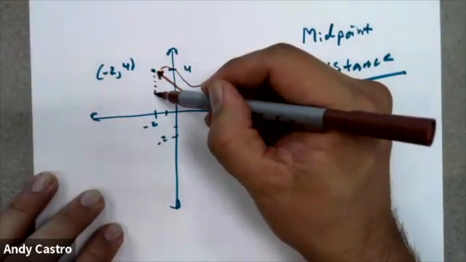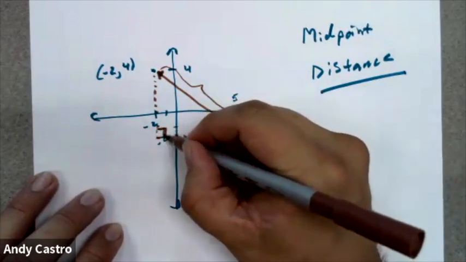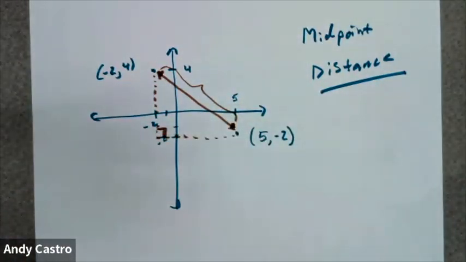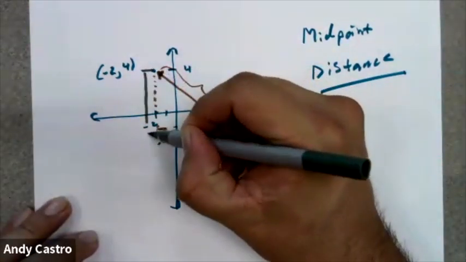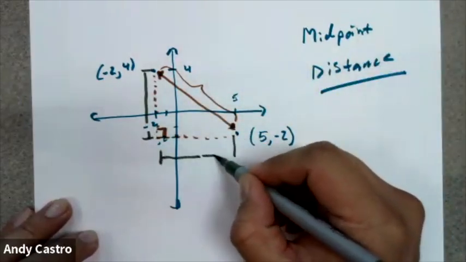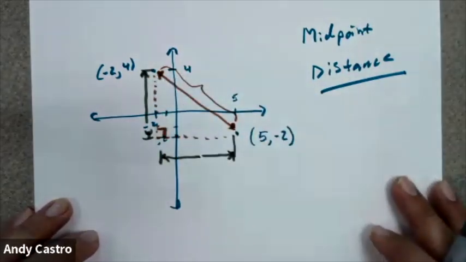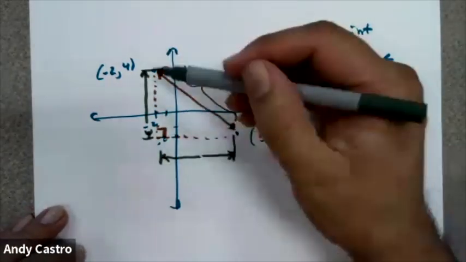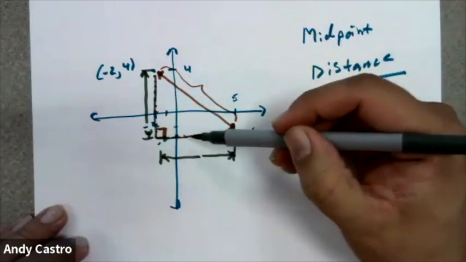Well, we can create a right triangle by knowing this distance here and by knowing this distance here. That can actually tell us the two legs of a right triangle.